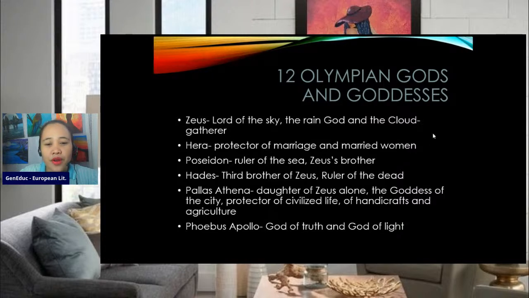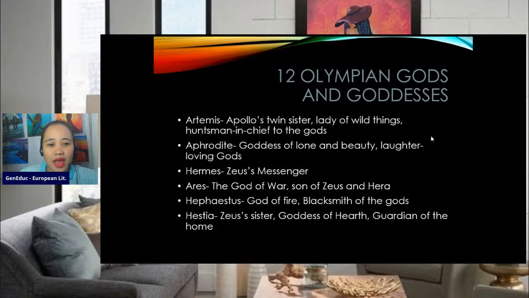Hades, third brother of Zeus, ruler of the dead. Pallas Athena, daughter of Zeus alone, the goddess of the city, protector of civilized life, of handicrafts and agriculture. Phoebus Apollo, god of truth and god of light.